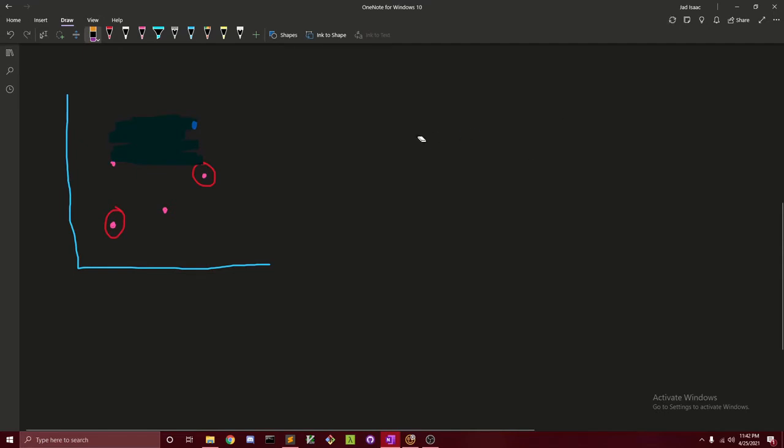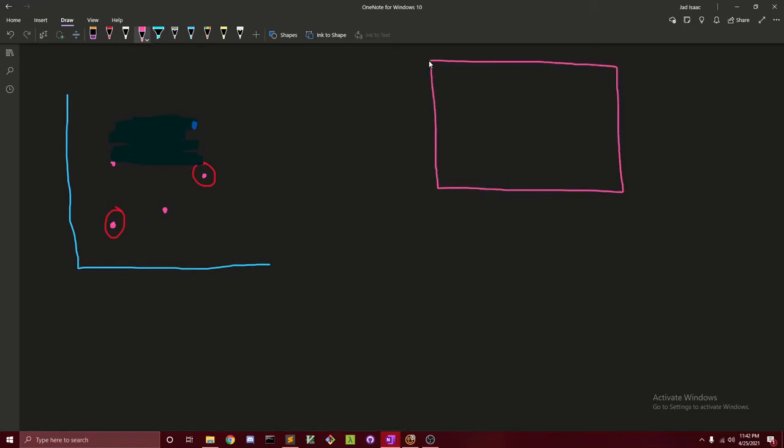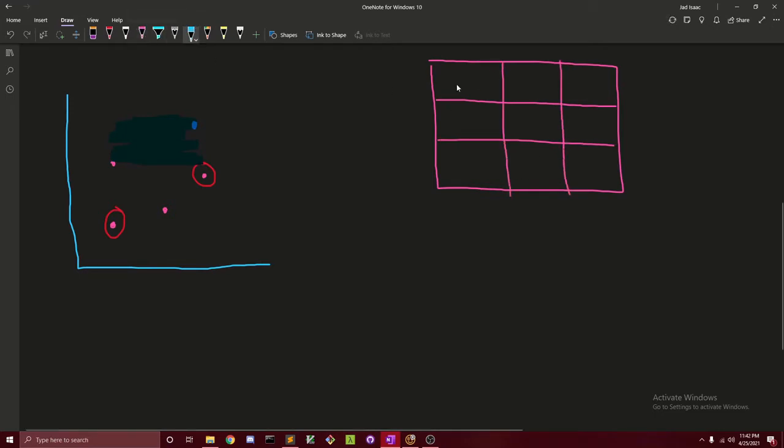On the 2D level, it gets a little more complicated with the formula. So if we're given something like this, let's say something like this, we can pretty easily sum up to any point.